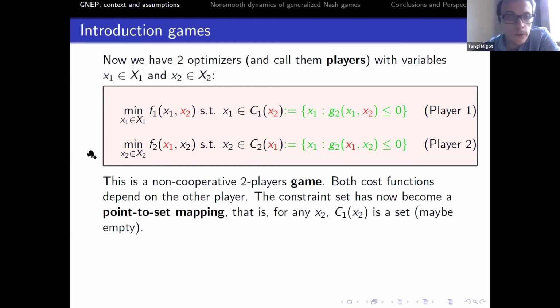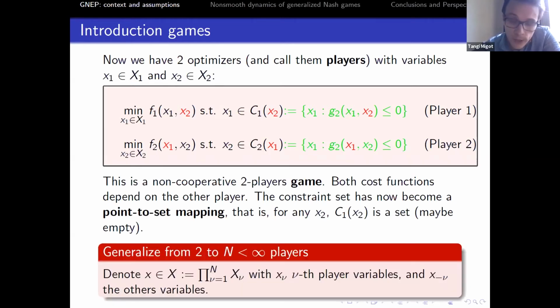So that's what we call the non-cooperative 2-player game. Since you can do it for 2 players, you can easily generalize to an arbitrary large but finite number of players. So we are really living on a product space.